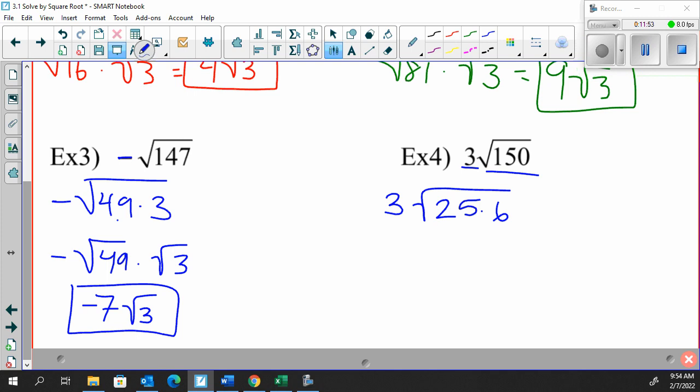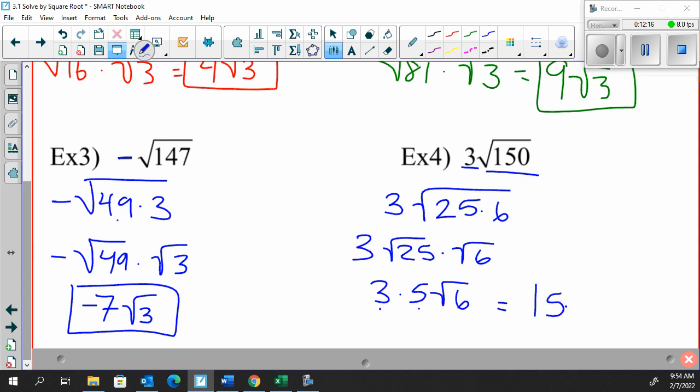Split this up. 25, 6 underneath their own square root. What's the square root of 25? Okay, so it's 3 times 5 root 6. All right, now we can just multiply 3 times 5. And that is 15 root 6. And we're done. Capiche?